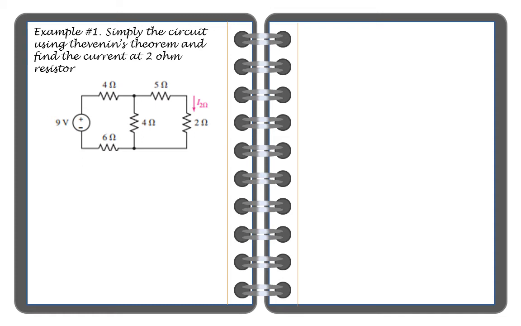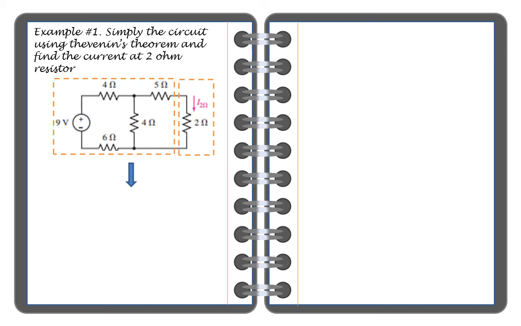Our complex network is the remaining network, which does not include the 2 ohm resistor. As you can see, the dotted square or dashed line represents our complex network, and the other group represents our load circuit.